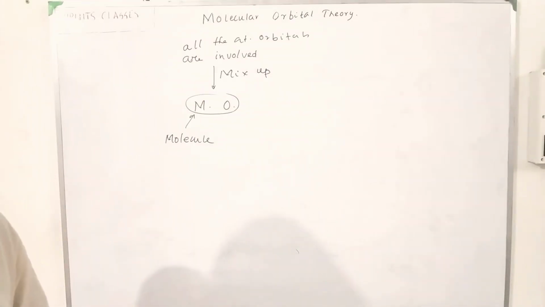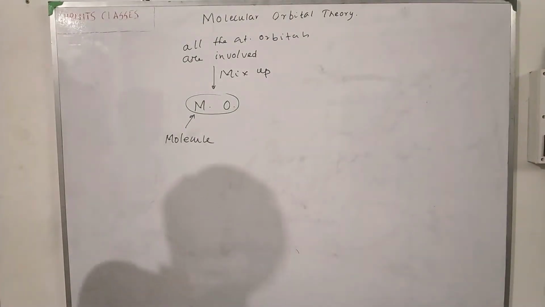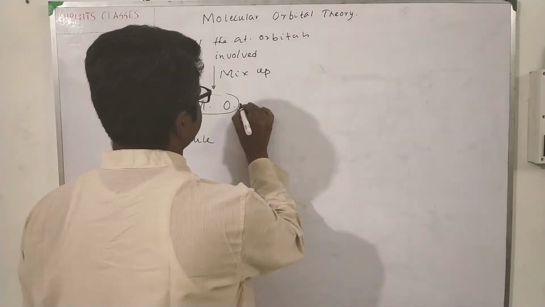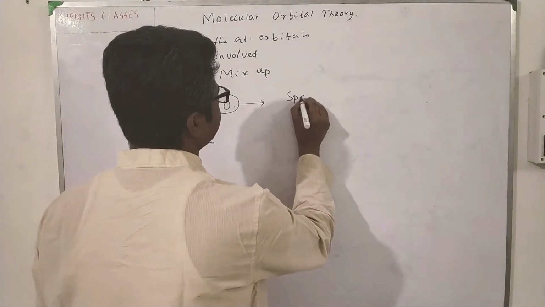So what is a molecular orbital? If I go for the definition, a molecular orbital is basically a space.